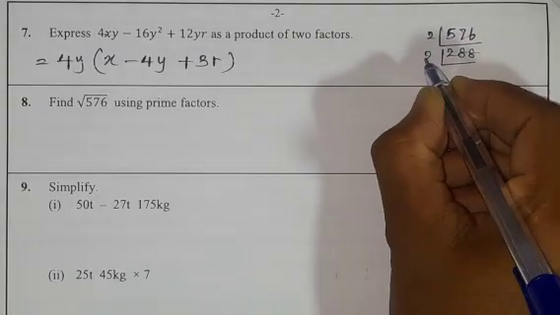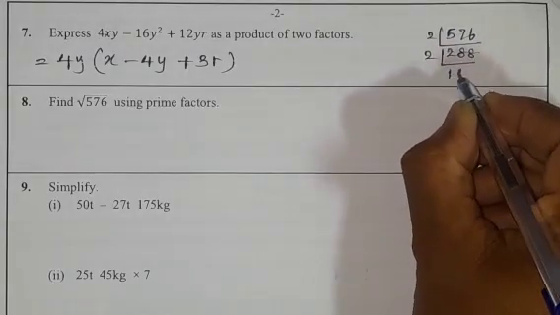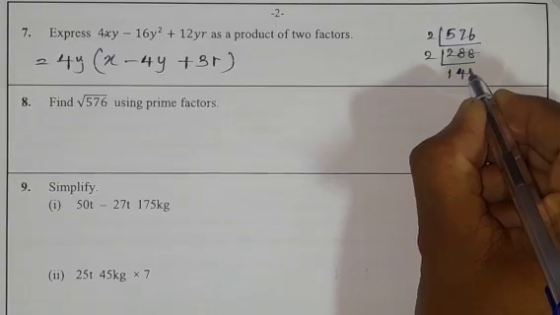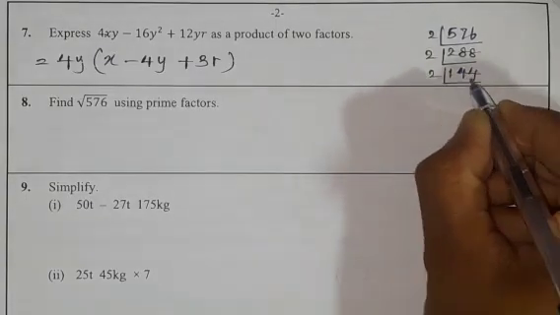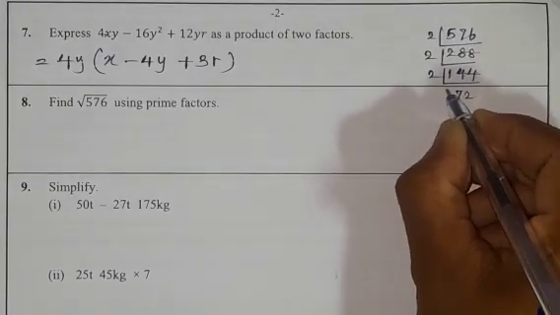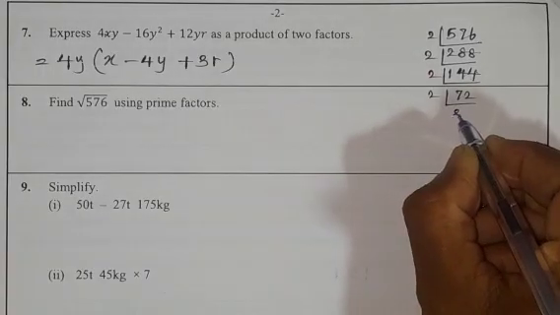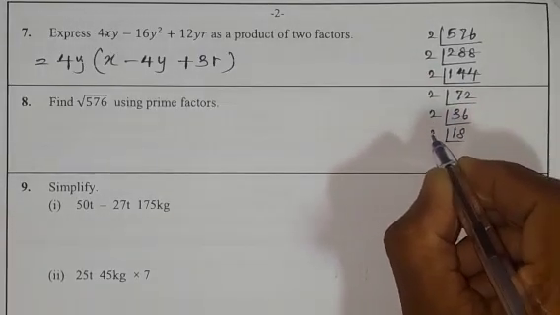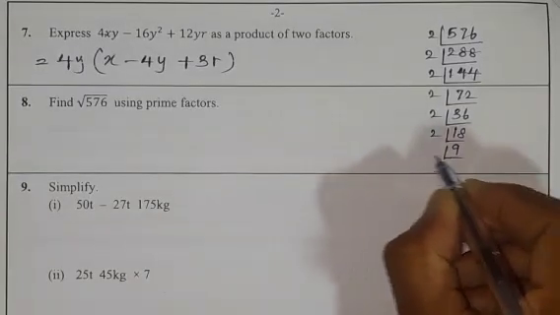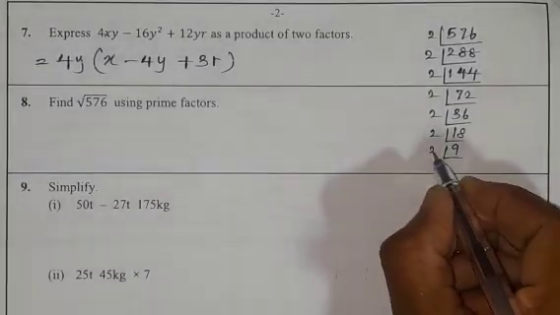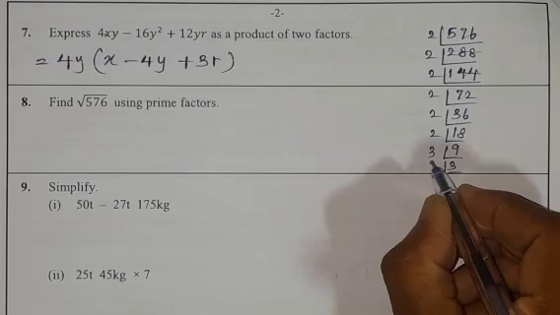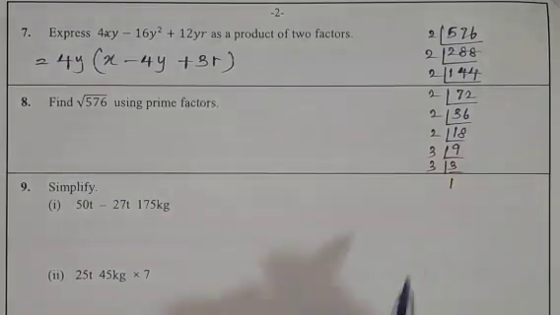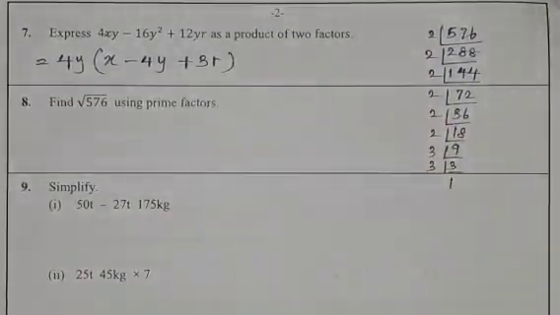Then again divide by 2. 2 times 144. Again by 2. 2 times 72. Then again by 2. 2 times 36. 2 times 18. 2 times 9. Now we want to divide by 3. 3 times 3. Again by 3. 3 times 1.